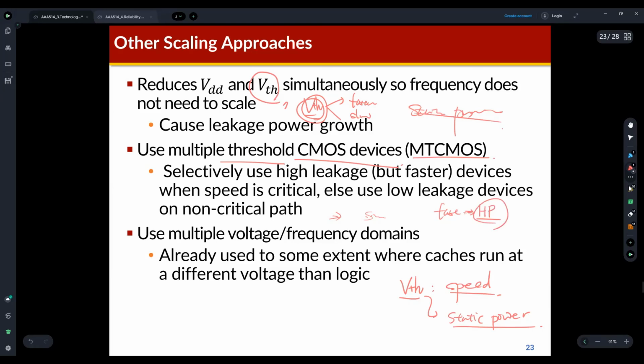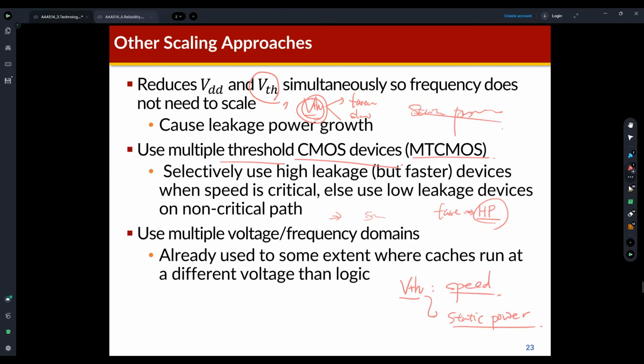So in order to achieve higher performance, we need to reduce the threshold voltage. But if we reduce the threshold voltage, the static power will increase exponentially, which means this device will consume much more power. So this is a very critical problem.